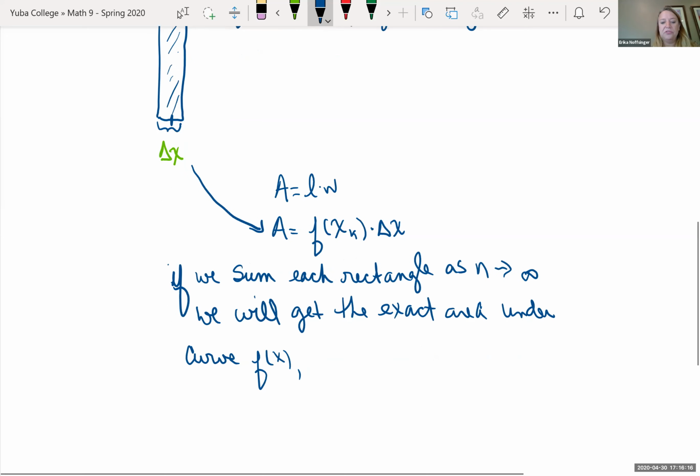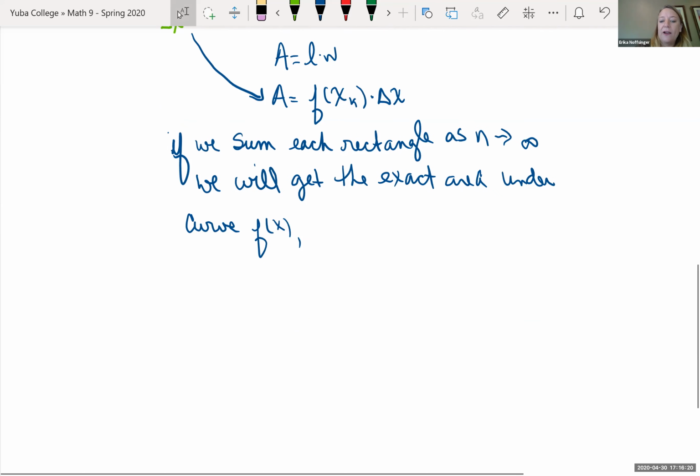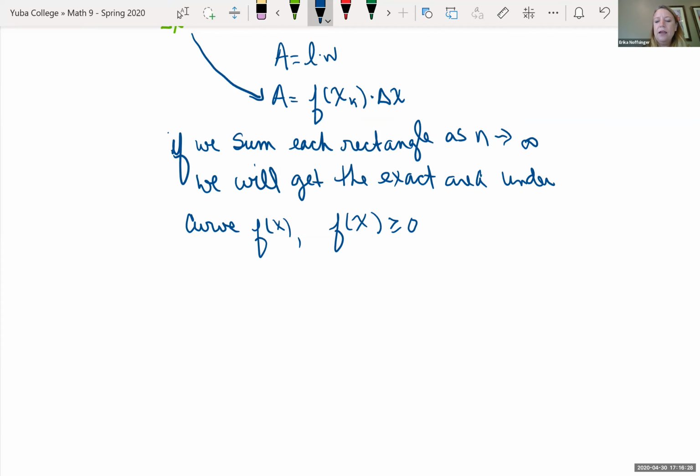Okay, I'm putting a couple stipulations on there, and I'll explain why in a minute. But that curve f of x has to be above the x-axis, greater than or equal to 0. It can touch the x-axis. And then also it has to be continuous between A and B.